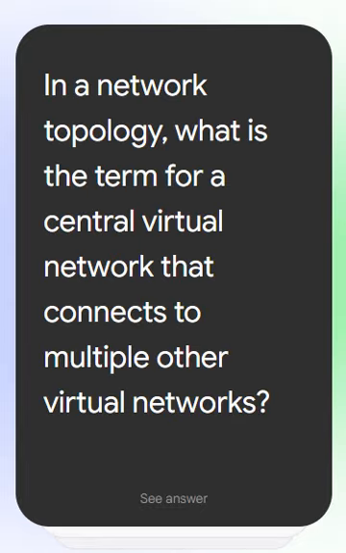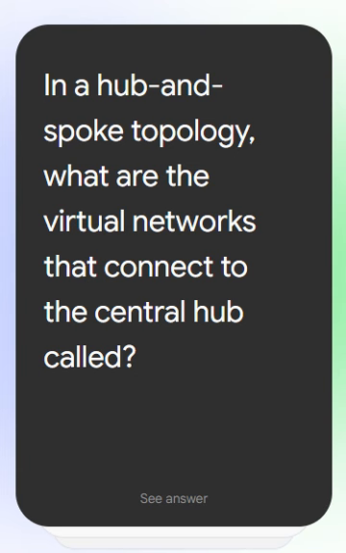In a network topology, what is the term for a central virtual network that connects to multiple other virtual networks? A hub. In a hub and spoke topology, what are the virtual networks that connect to the central hub called? Spokes.